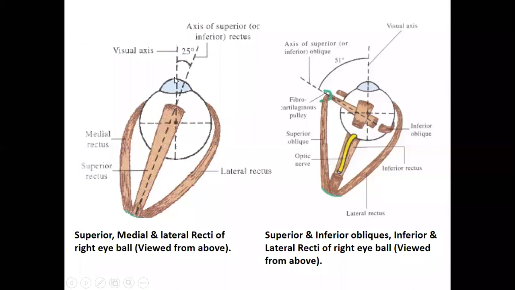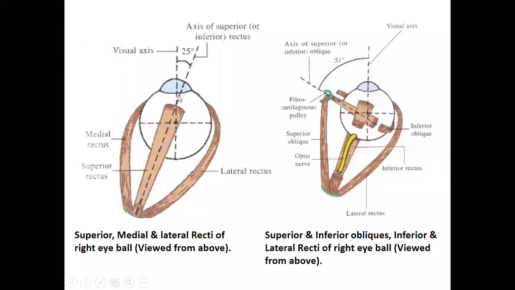This part is called anterior pole of eye and this part posterior pole of eye. If you draw an imaginary line connecting the anterior pole and the posterior pole, that is called visual axis or the meridian, and the horizontal line is equator of the eyeball.